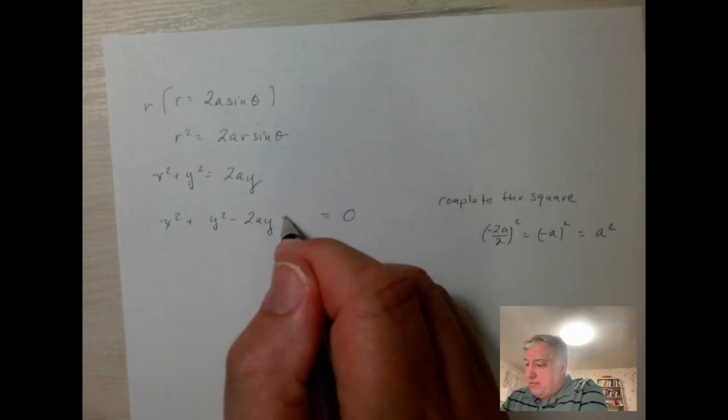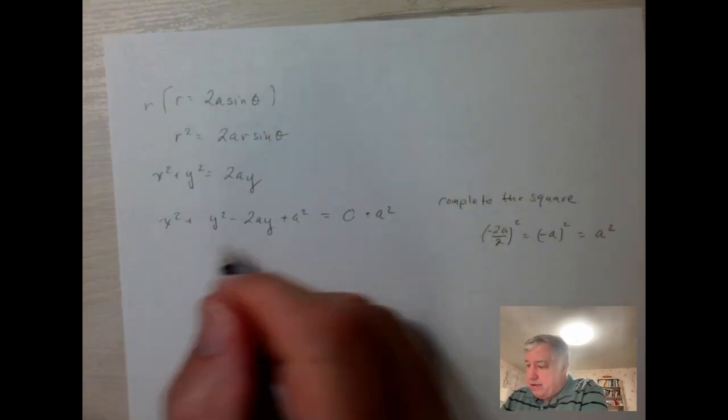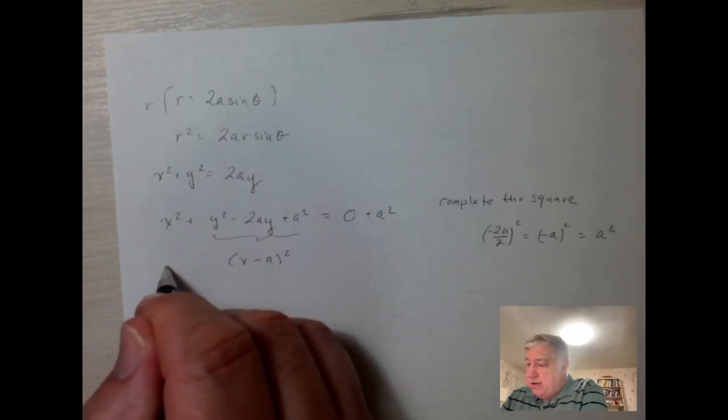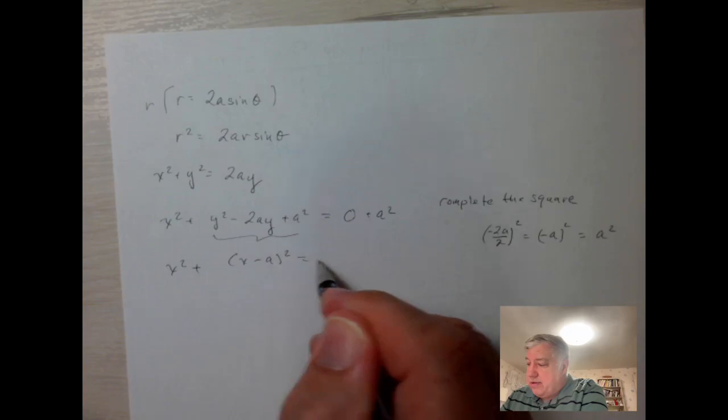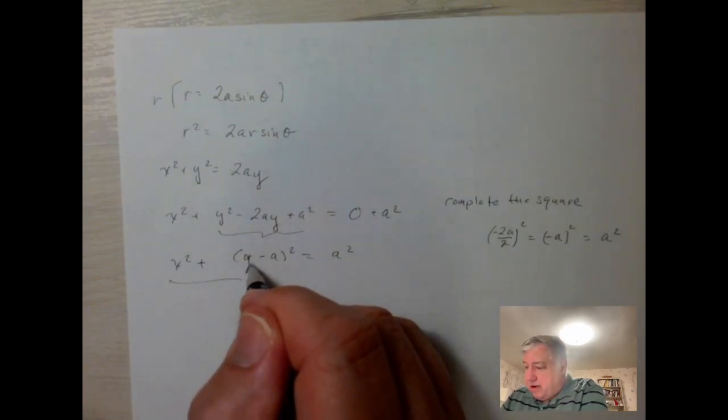So we'll add a squared to both sides. Okay, and then this factors as x squared plus (y minus a) squared, and this is equal to a squared. I'm sorry, this should be a y.